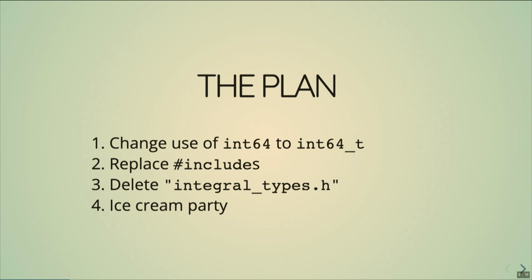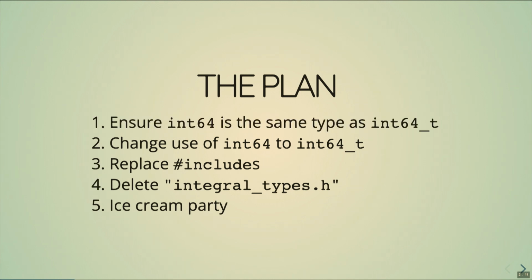So our actual first step towards this ice cream party is to ensure that int64 and int64_t are the same type, right? We know that they're aliases that are going to have the same bit width, because that's what the 64 means, but they may or may not be the same type. Once they're the same type, that's how we know that they're drop-in replacements for each other, and the rest of this follows.